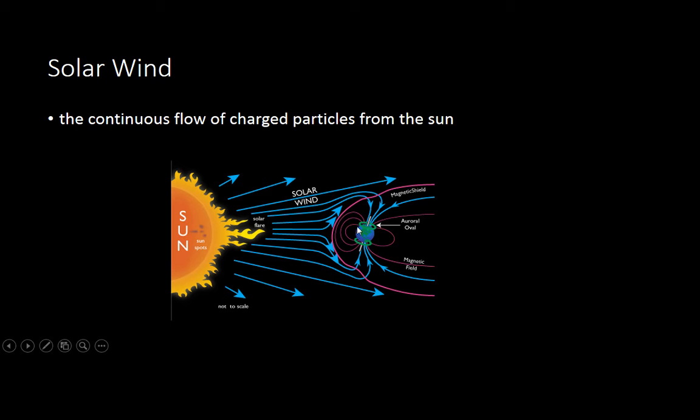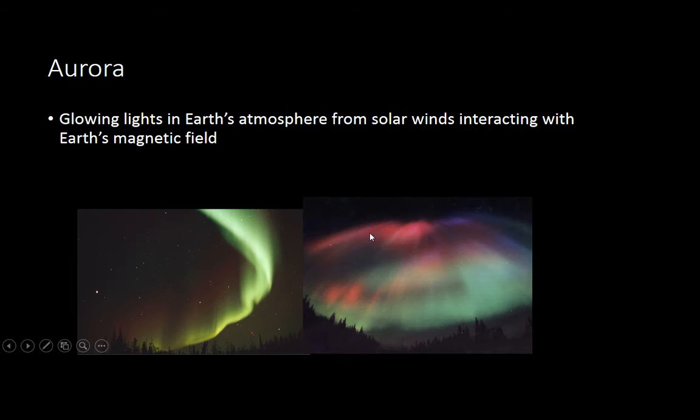But one thing that does happen at the North Pole and the South Pole, that's where the magnetic field emanates from Earth, and so think of it as a weak spot in our magnetic field. So some of those charged particles can break through the magnetic field in one spot, and then they can work their way back to the Earth. And when those charged particles hit our atmosphere, they glow.